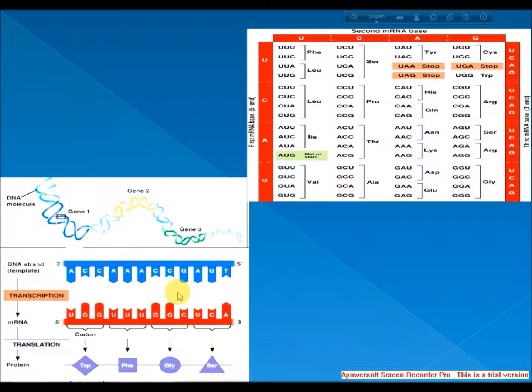Here we can see the DNA template strand where the transcription occurs and mRNA is synthesized. And this 3 is a codon, every 3 base pairs making a codon.